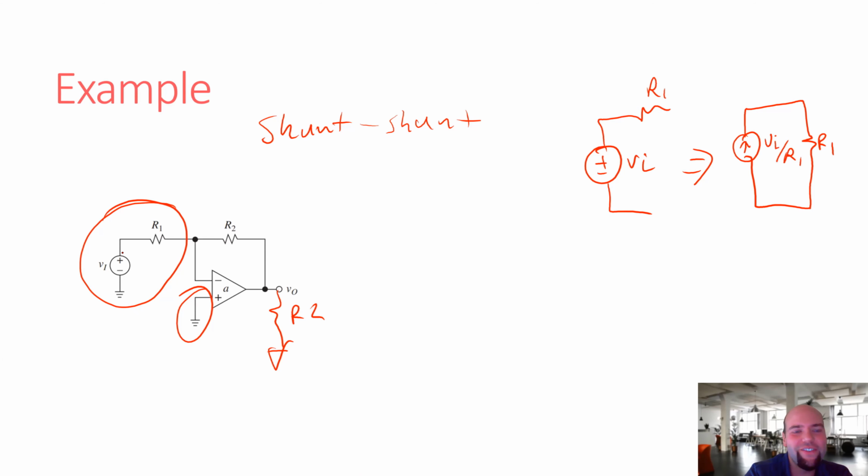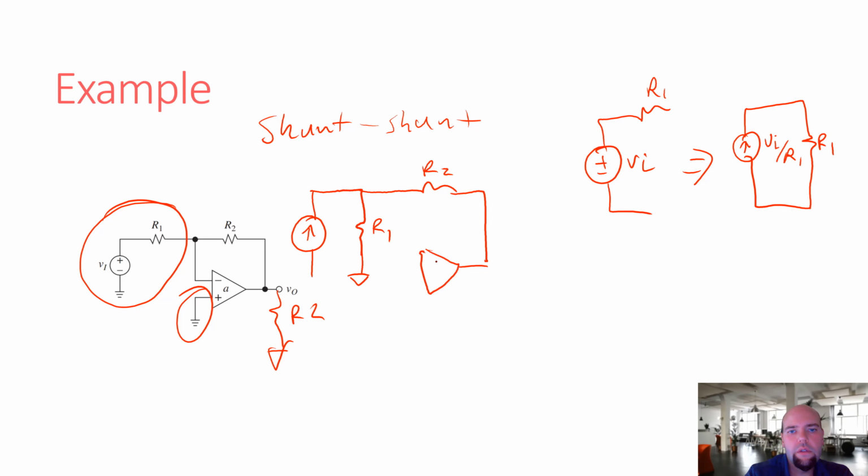I'm going to have to redraw it. My penmanship is very bad today. So we'll just redraw this as a current source. And then this current source is going to be, by the source transformations, Vn over R1.